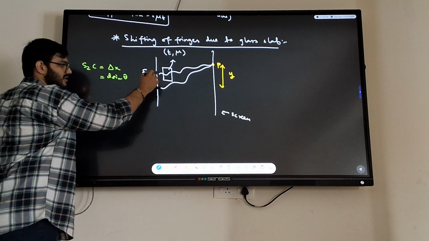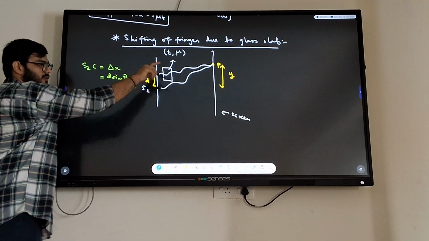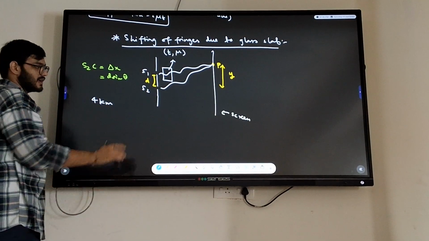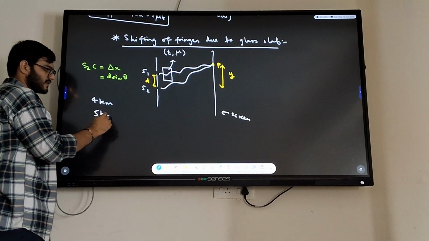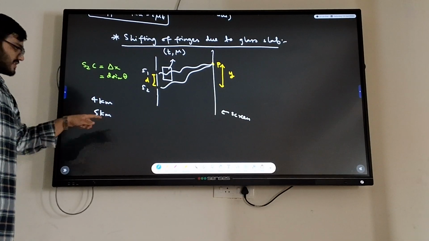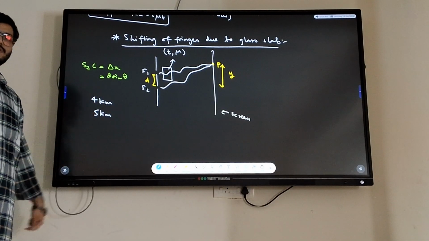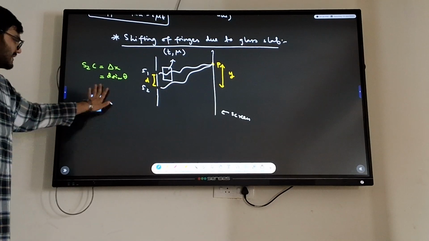Let's say that after the slab you cover 4 kilometer when you go from S1 to P, and when you go from here to there, naturally you cover 5 kilometer. Then what is the distance between the two waves? Is it the addition of the two or the subtraction of the two? Subtraction.